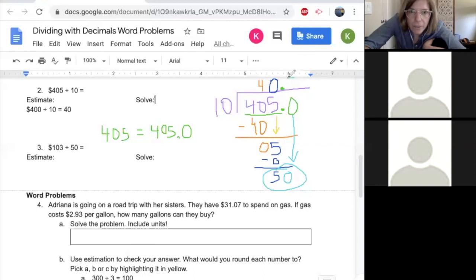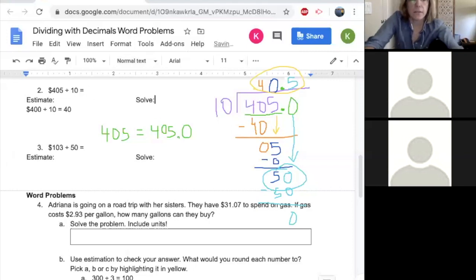So I put the 5 here. 5 times 10 is 50. Subtract. 0. Woohoo! We're in the clear. So we have this answer right here that we can type over here.